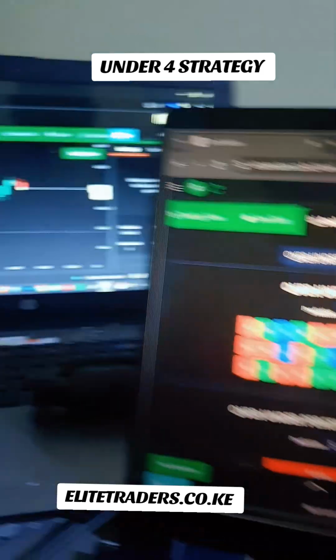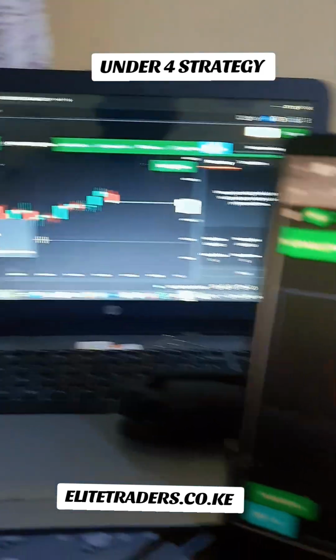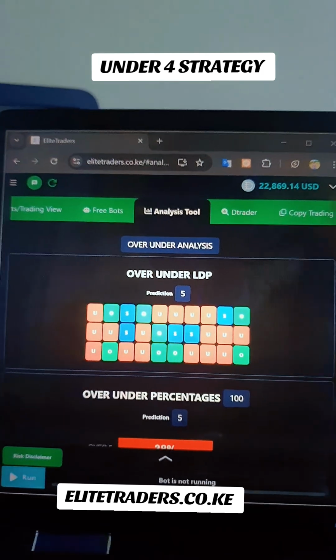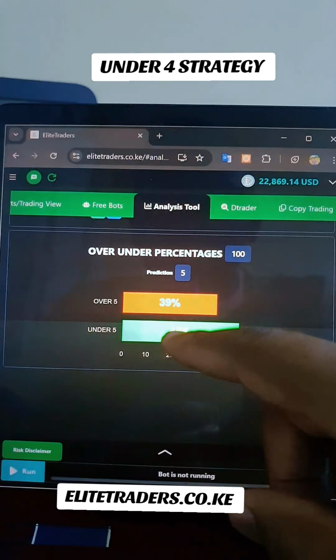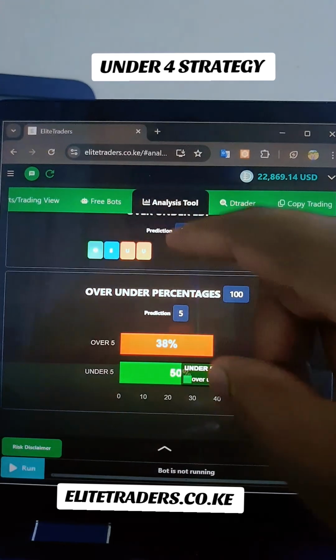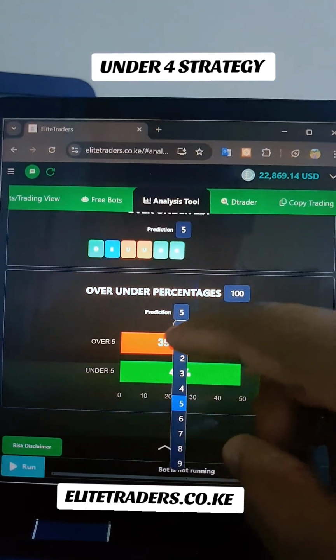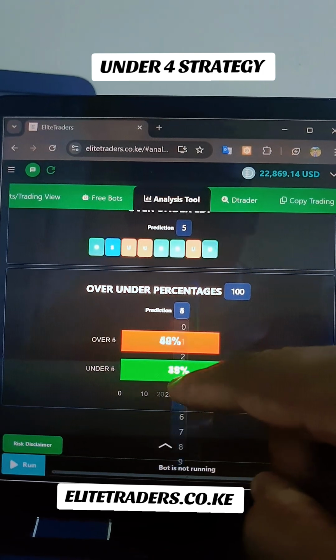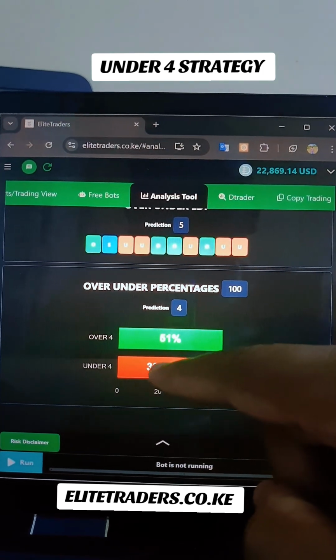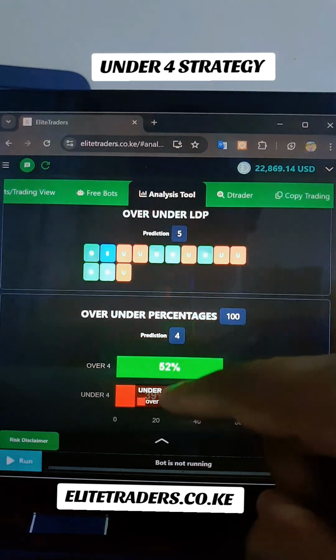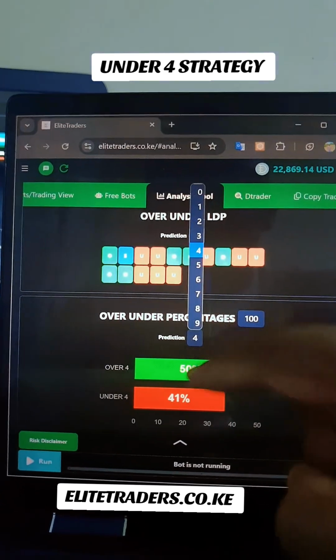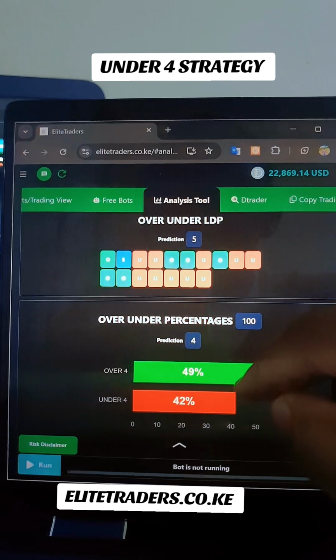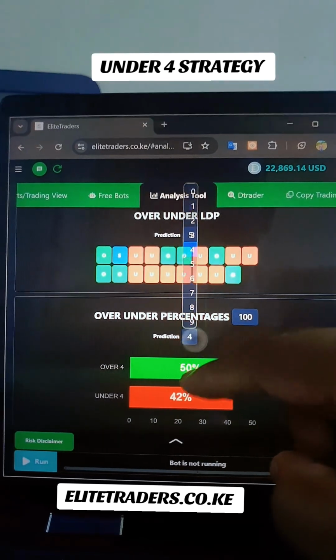So we can see the under market is dominating the market, the market is on a fall. Okay, let me see under 5 market. Let me see under 4 market. Under 4 market is 39. Okay, I want to see which market is best. Okay, the candlestick has started rising.